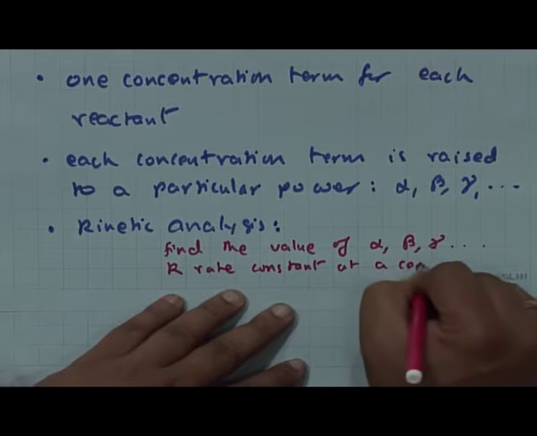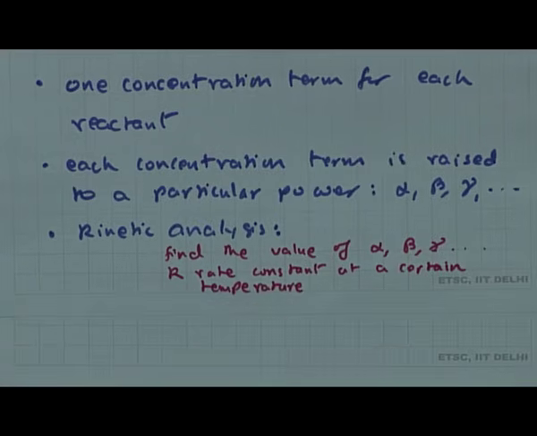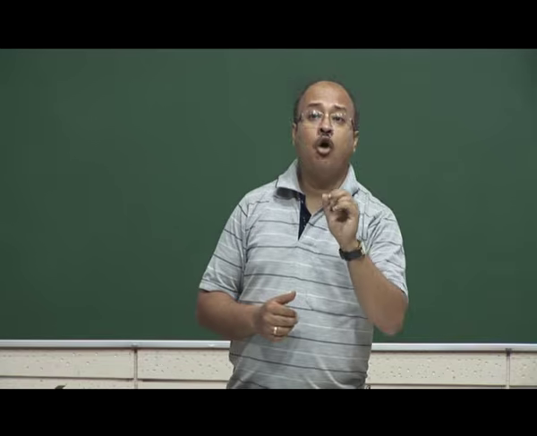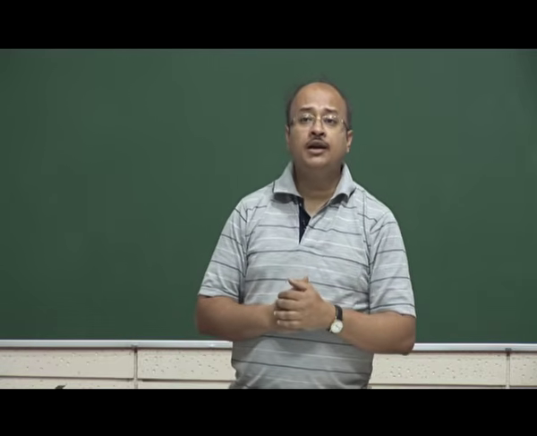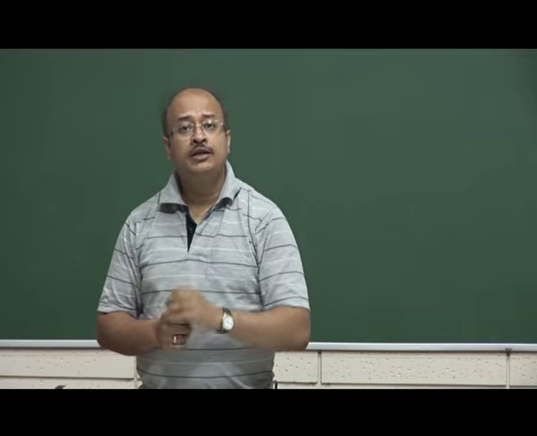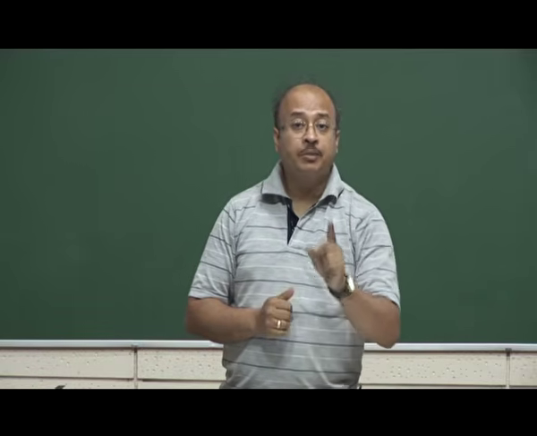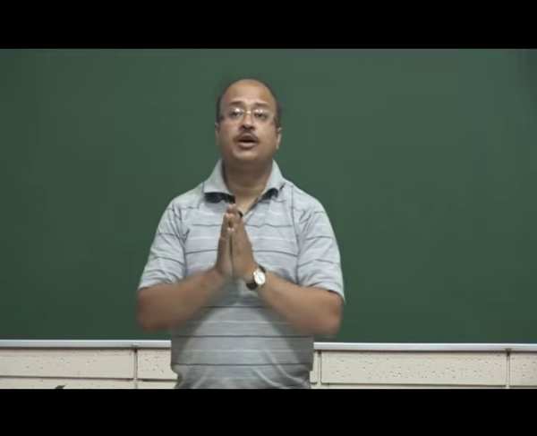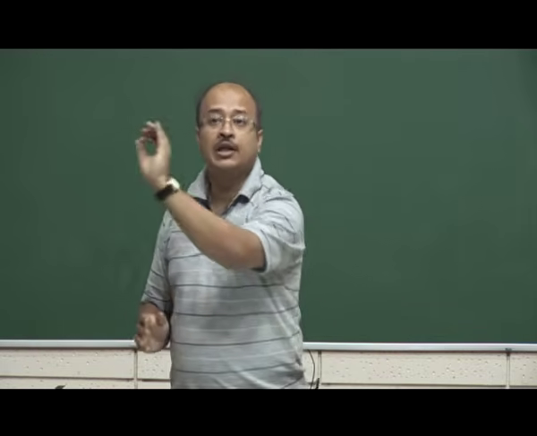at a certain temperature. So, when you are doing a kinetic analysis, what we mean is, for any reaction, I need to figure out the respective orders for each and every individual reactant involved, and once I have done that, I also need to figure out the rate constant k at a particular temperature, because remember, the rate constant is a constant, but it does depend upon temperature, and hence whenever we do this analysis, we have to make sure that we do it at a certain constant temperature, because the rate constant is defined only for that temperature.